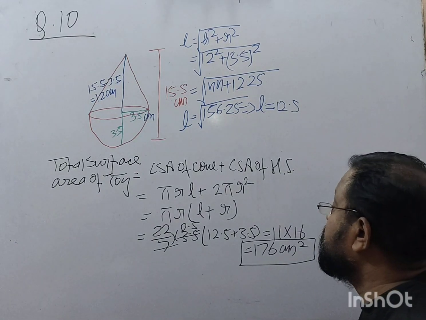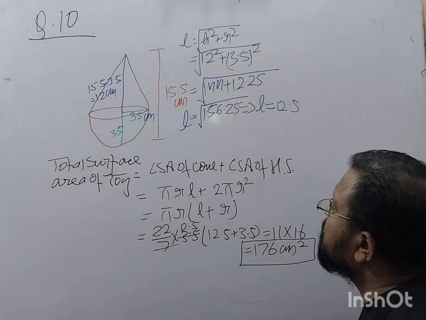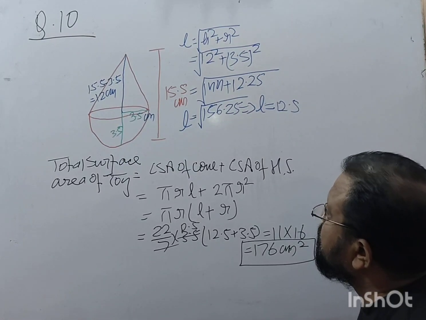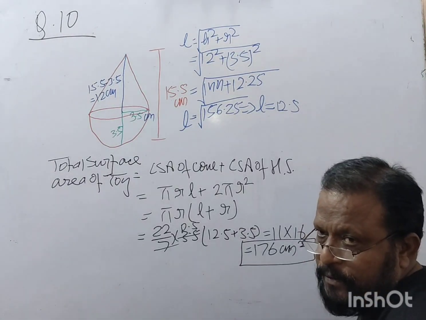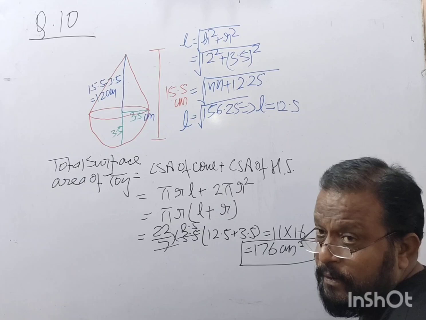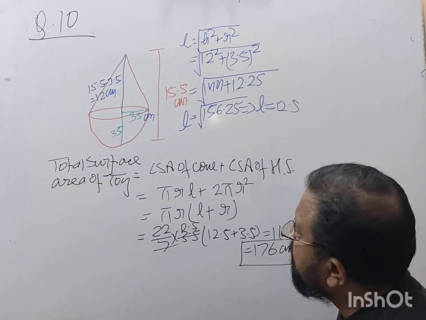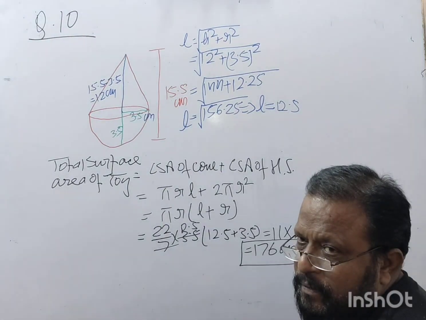The value of pi is given as 22 by 7, and the answer should be correct to one decimal place.